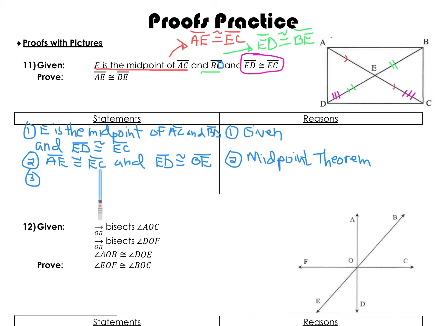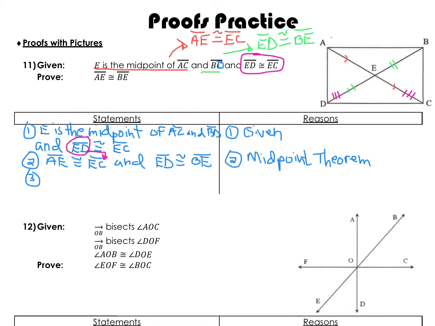And if I did that, then I would have ED here and here, and I could put the AE and the BE together. So let's try that. That's a substitution. So I am going to substitute in, and I'm putting this in pink because it's not really part of my proof, but I want you to see what I'm doing. I'm replacing or substituting in ED right here in for EC.